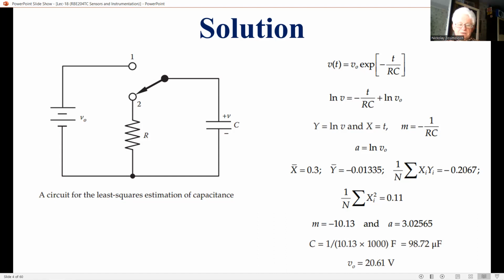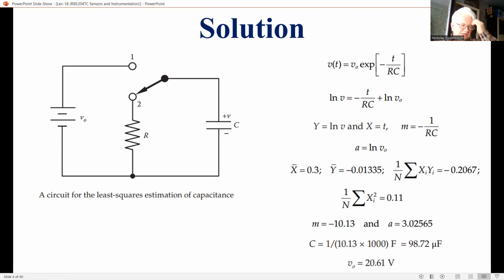Using all the data, the overall sample means and two useful summations can be computed, as you can see from this equation. Now, substitute these values in the equation, and we get equations for M and A. From this, we find V0 equals 20.61 volts.